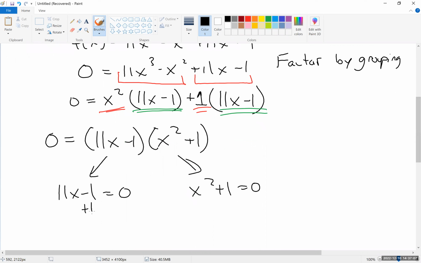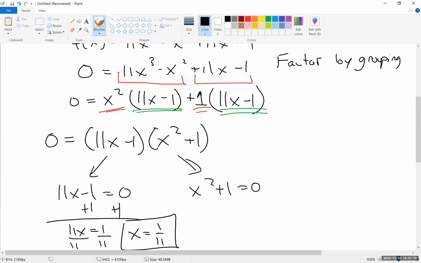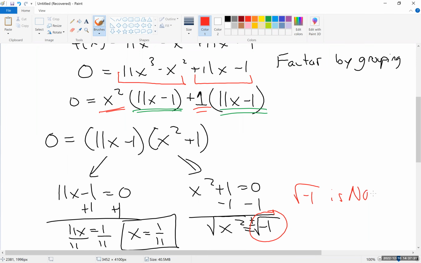So then we add 1, 11x equals 1, divide by 11, x equals 1 over 11. Then we're going to subtract 1, we get x squared equals negative 1. And then when we take the square root, don't forget your plus or minus. But here it doesn't matter because the square root of negative 1 is not real.